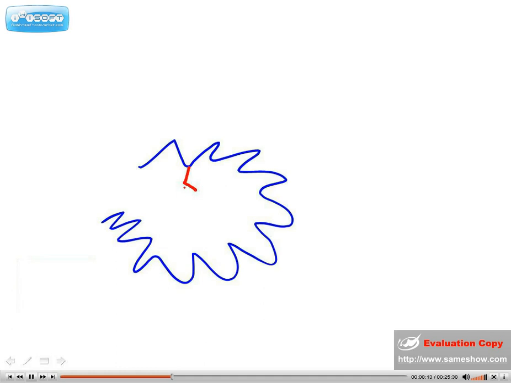I don't like how that looks. Let me do it again. So in this case we have an aspartic acid, and then over here we have a lysine.